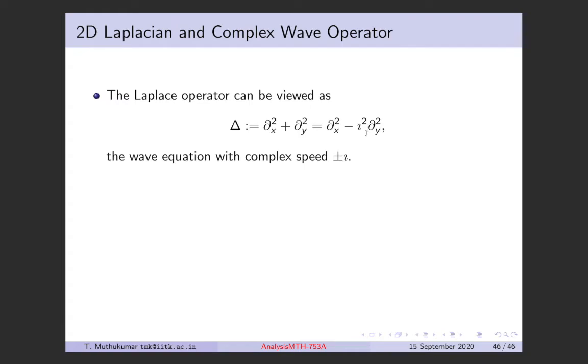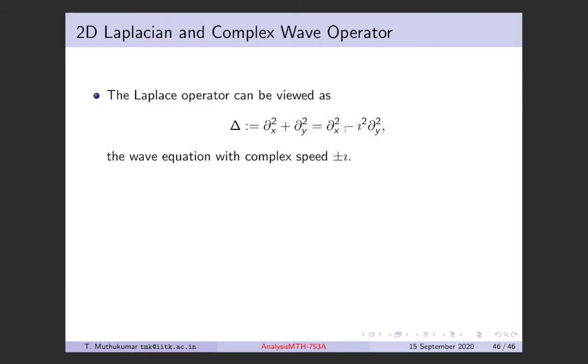This is in the form of a wave equation, except that now the wave speed is plus or minus i. In general, what you would have seen in a PDE course is del t square minus c square, or plus c square, del x square.